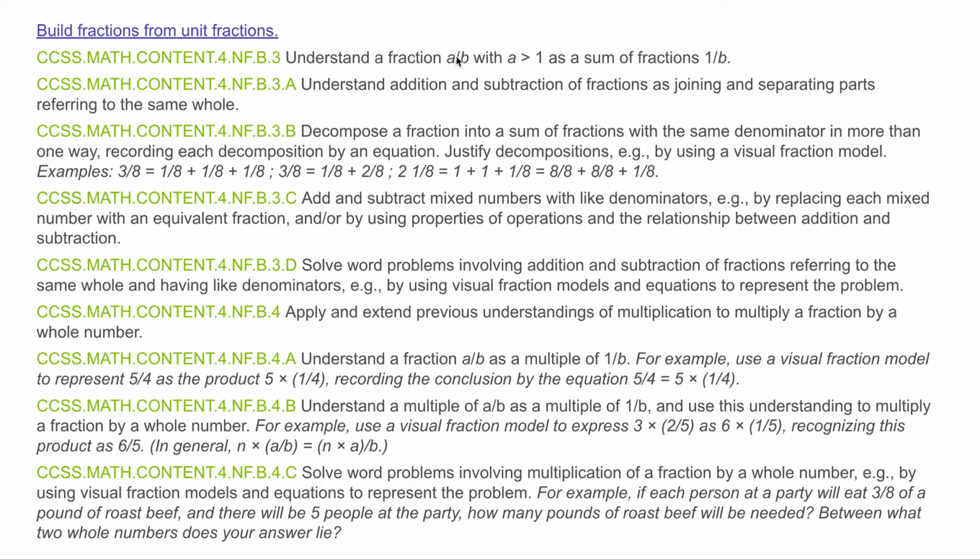There are a many b's, right? So a over b means there are a many b's. So one whole is broken into b equal pieces, and there are a many of them. So here are some more unit fractions that you're going to take a look at.